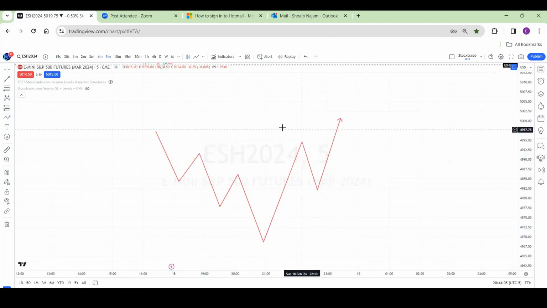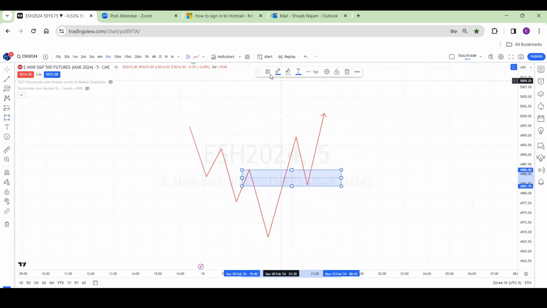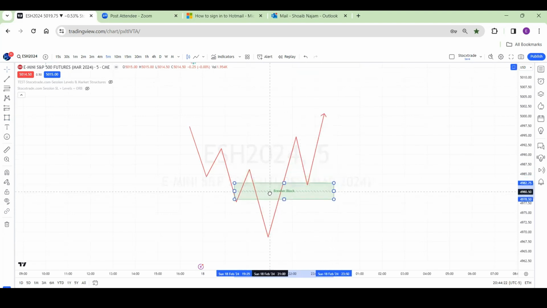Breaker block is demand zone. If you see the videos, the breaker block for the demand zone will be this. But I'm not telling you the breaker block. I'm telling you the extended breaker block, which will be here.